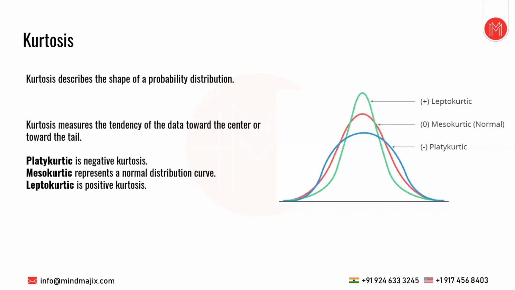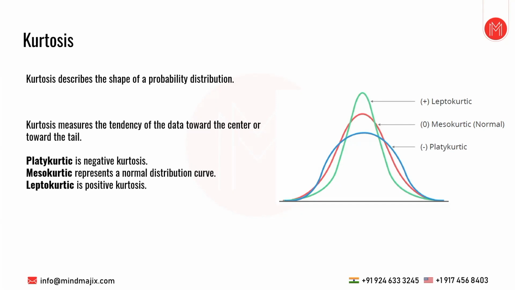A distribution with large kurtosis exhibits tail data exceeding the tails of the normal distribution, for example, 5 or more standard deviations from the mean. A distribution with low kurtosis exhibits tail data that are generally less extreme than the tails of the normal distribution. Kurtosis describes the shape of the probability distribution.